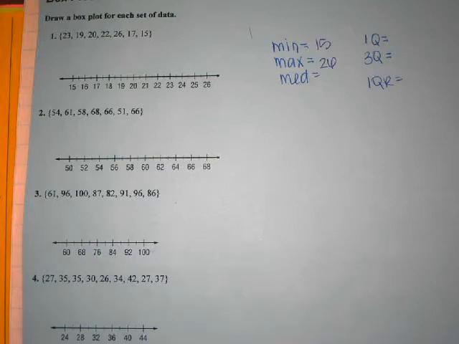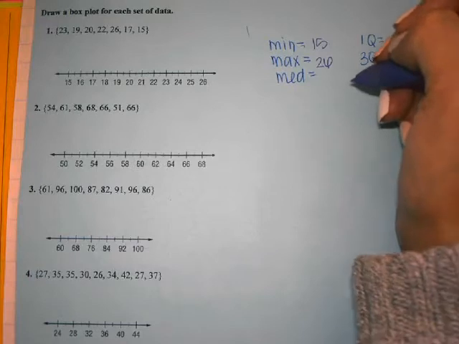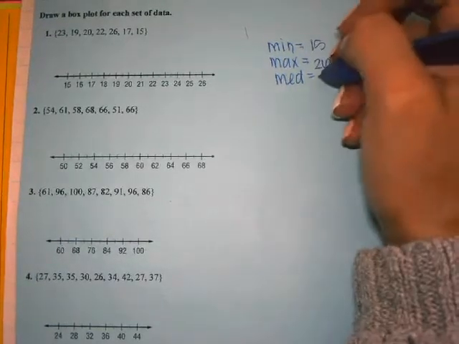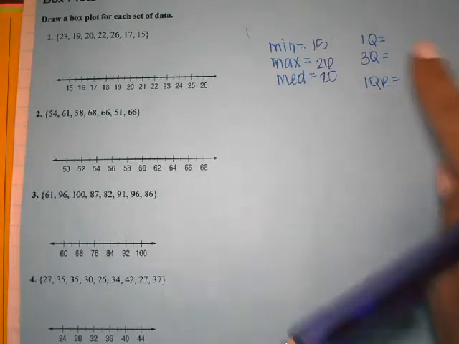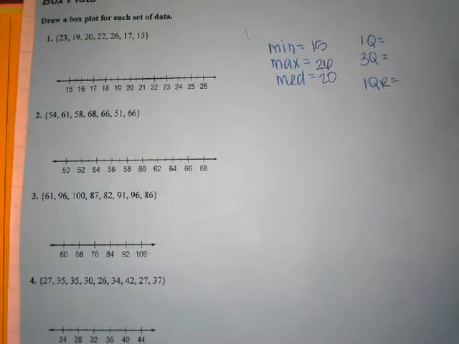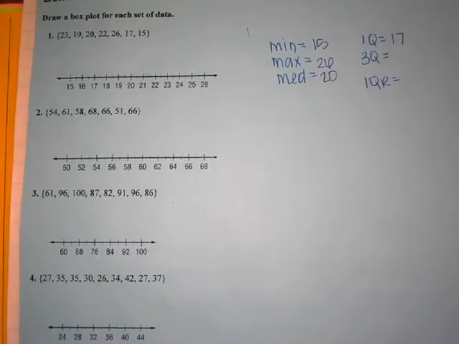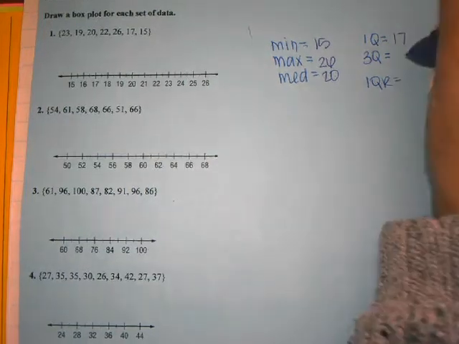What is the median? What'd you say? 20. What did you tell me was the first quartile? 17. What did you tell me was the third quartile? 22.5.